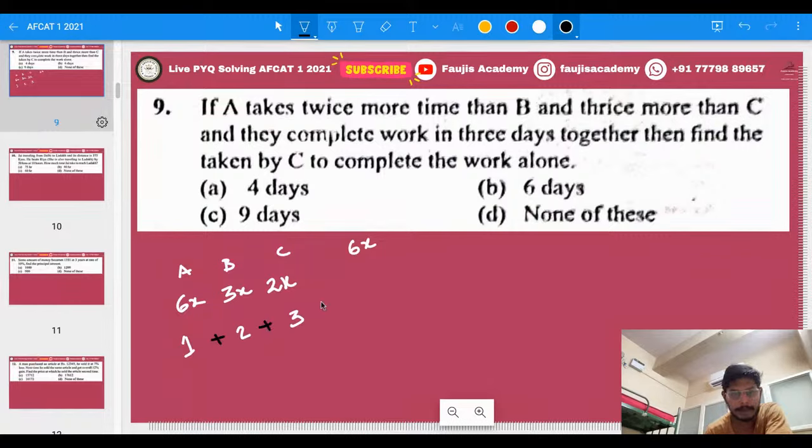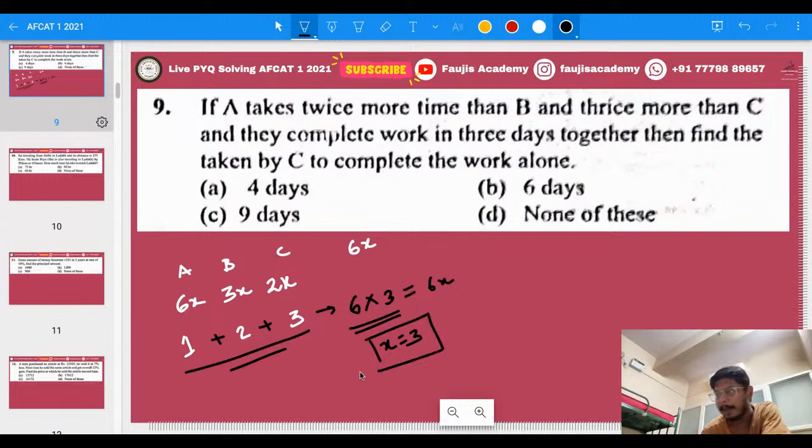Together, they do 6 work per day, and 6 into 3 is the total work, and this value will be equal to 6x. That means x is equal to how much?